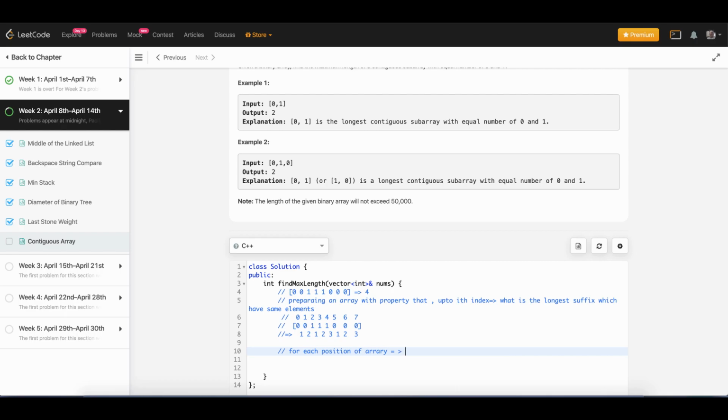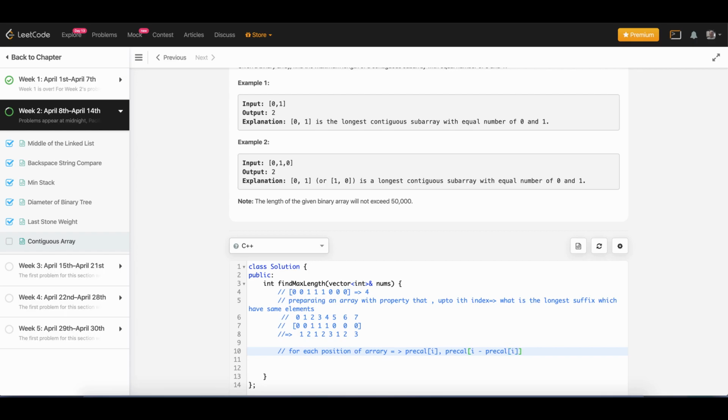Suppose this array is the pre-calculation. So pre-calculation of the ith position, and whatever the value was there in that position. So pre-cal of current I minus pre-cal of I.